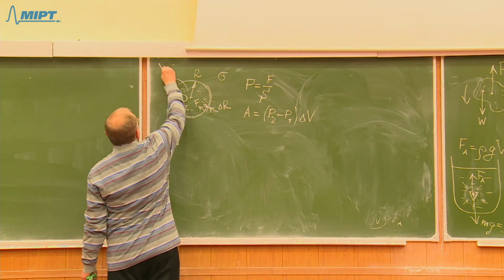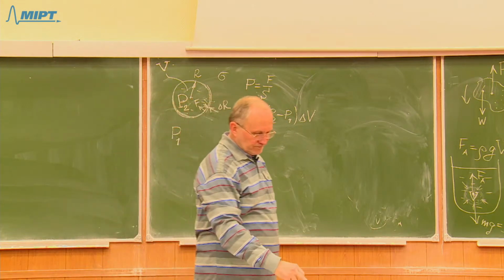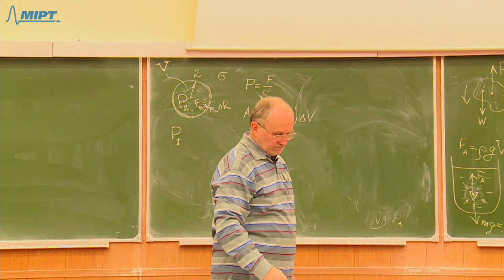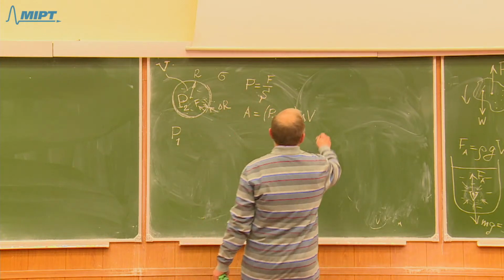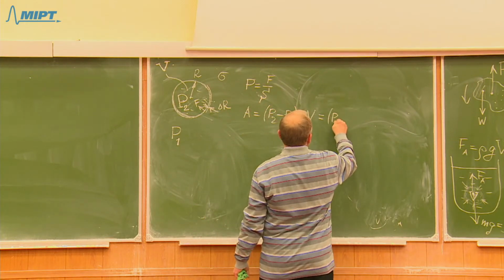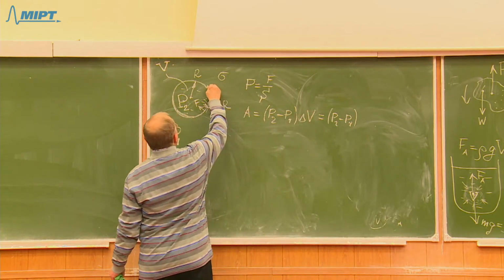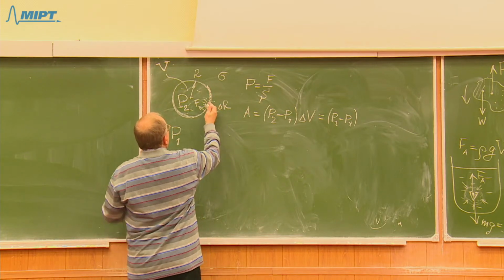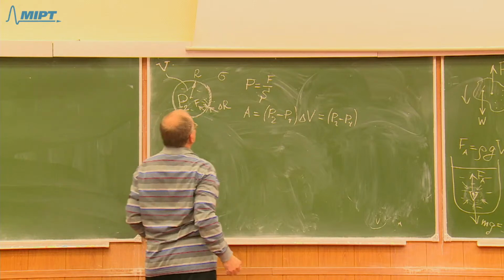So this droplet will have some volume, and the change in volume will be the volume of this very small layer by which I change the dimension of the droplet.